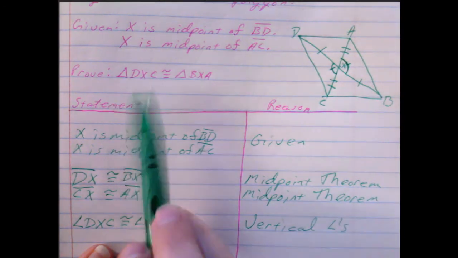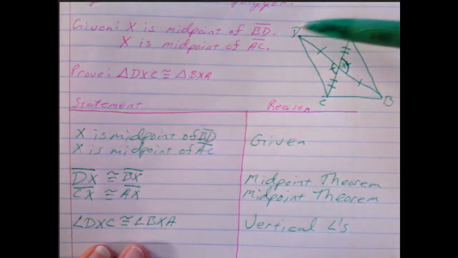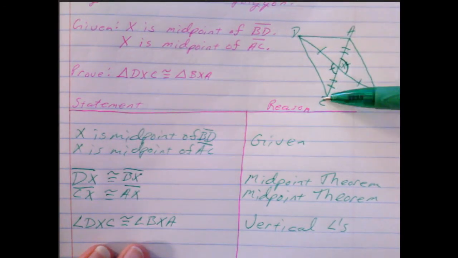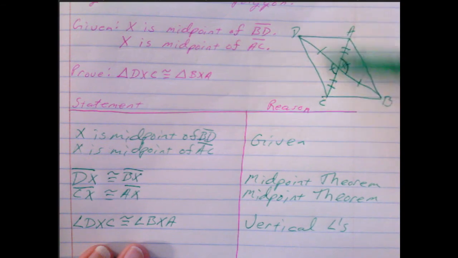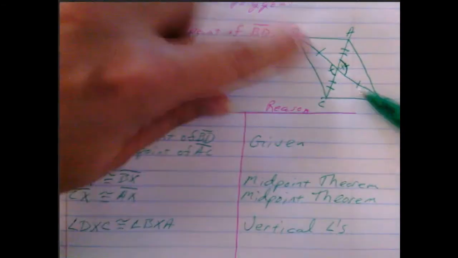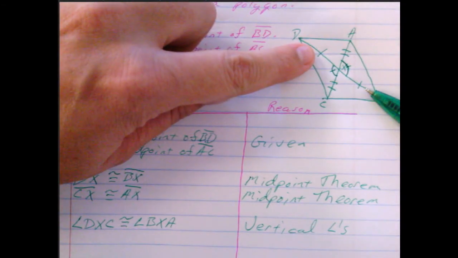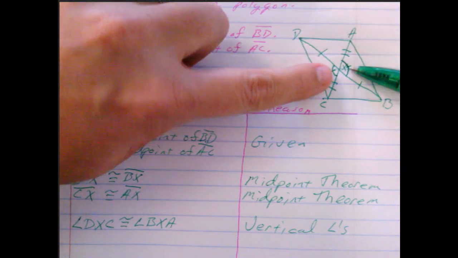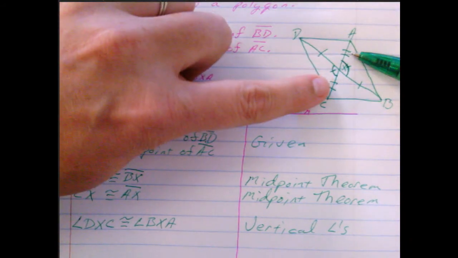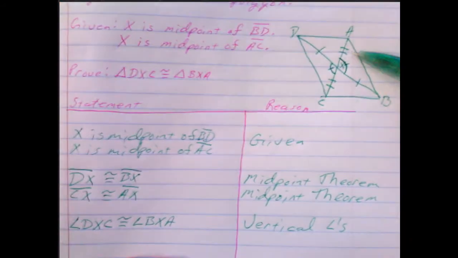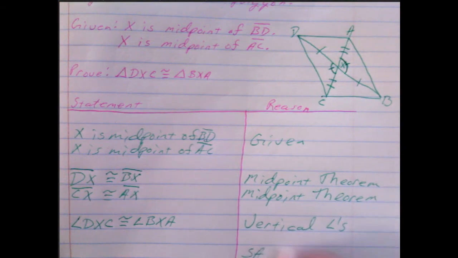So then let's go back to what we're trying to prove. We're trying to prove that DXC, this triangle here, is congruent to BXA, this triangle over here. Well, right now we have a side on both, an angle, and then a side. So that is side, angle, side.